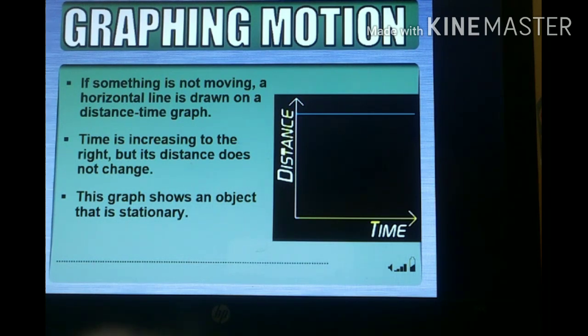You can say you are a stationary object. Stationary object means what? As the time is going on increasing, as this arrow denotes, the distance with respect to the origin remains constant, so we say that this object is stationary.